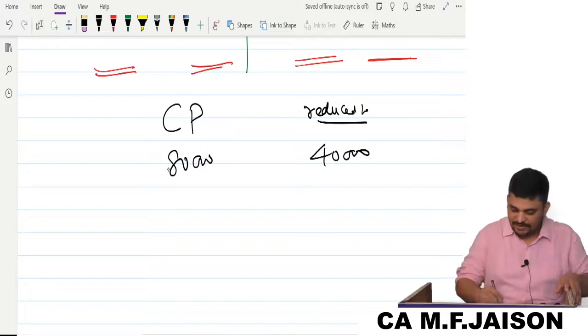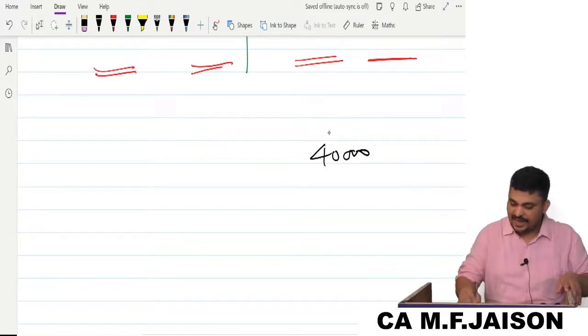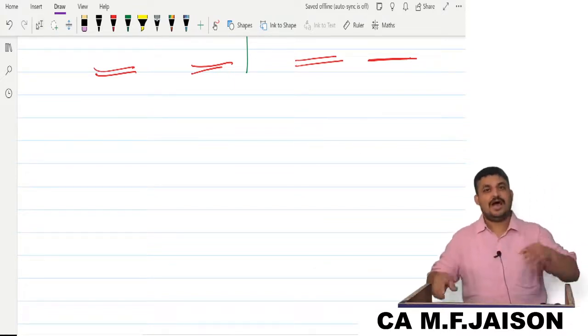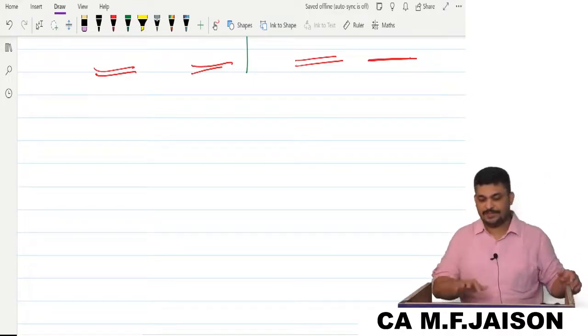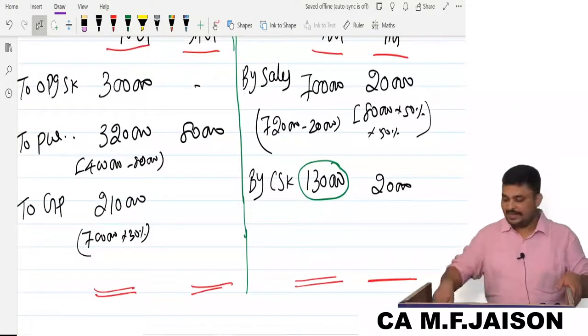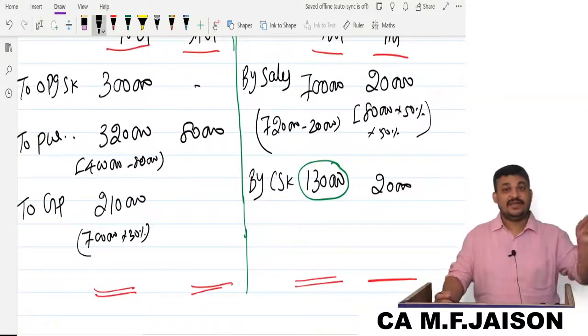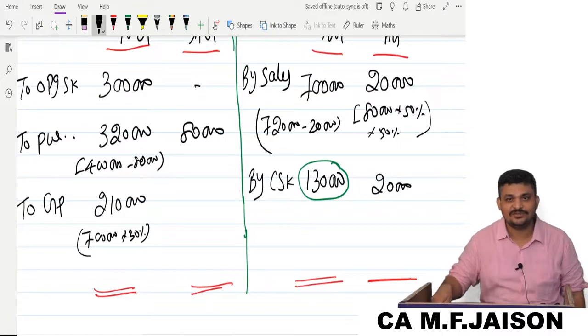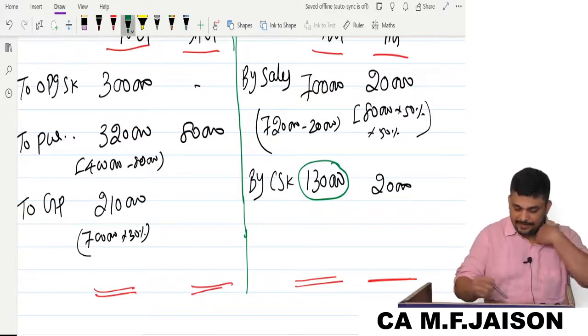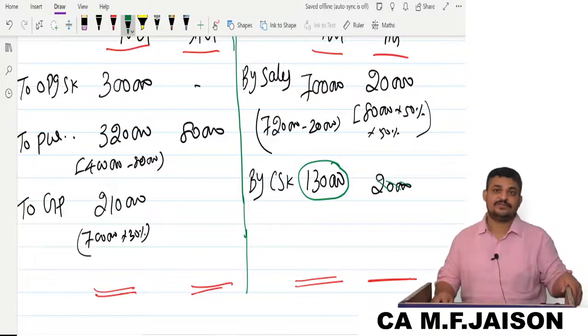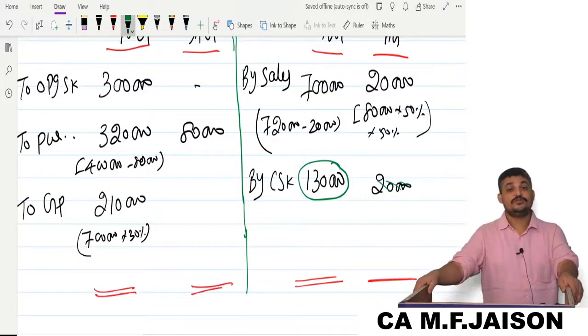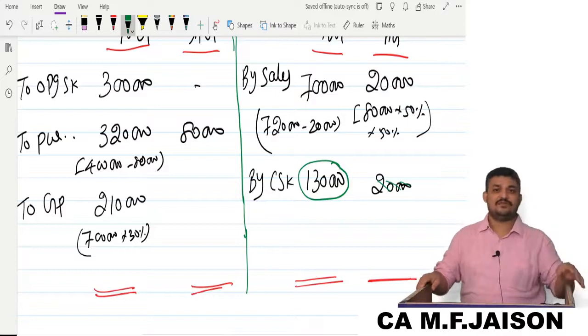Or you need not take all these things. 80,000, half the goods sold for 20,000. But remaining goods are expected to be sold only for 20,000. This is the price. I would have taken the number 20,000. Same calculation I would have applied if no other information given. Understood? But in this problem, a separate question gives information. What is that? Remainder of the goods is expected to be sold at 40% of original cost.